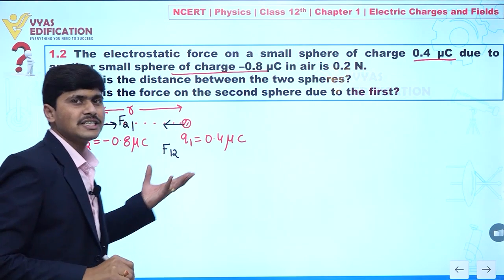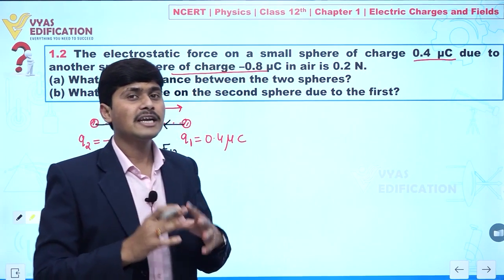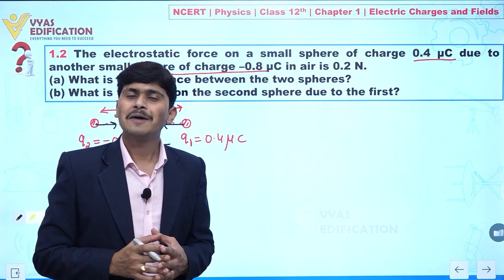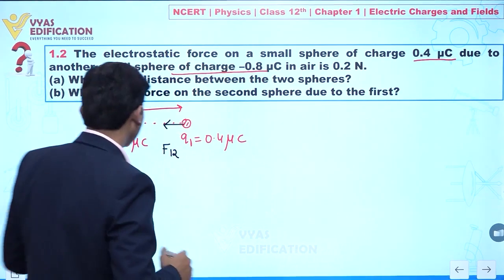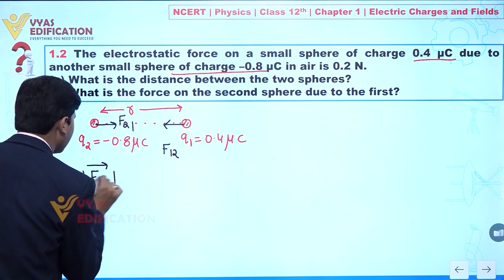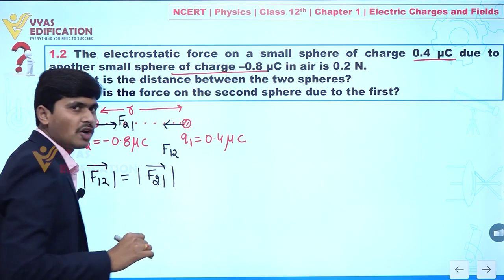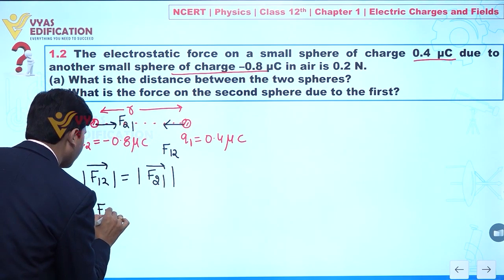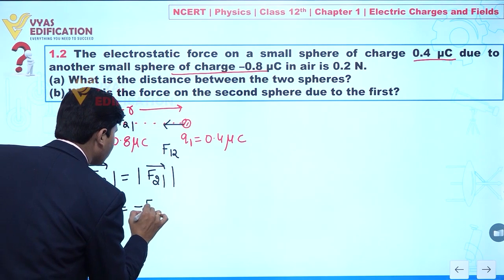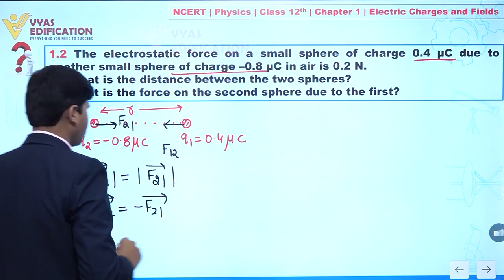And we know F12 and F21 have the same magnitude but opposite direction. So the magnitude of F12 is equal to F21, or you can write the vector F12 equal to minus F21. Clear to everyone?